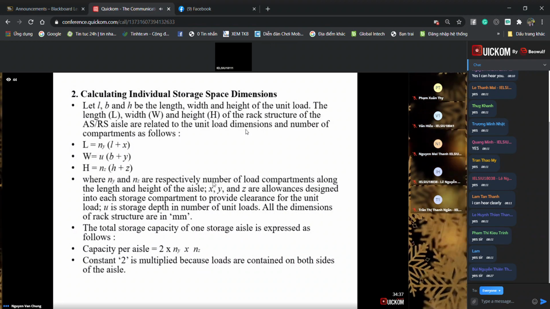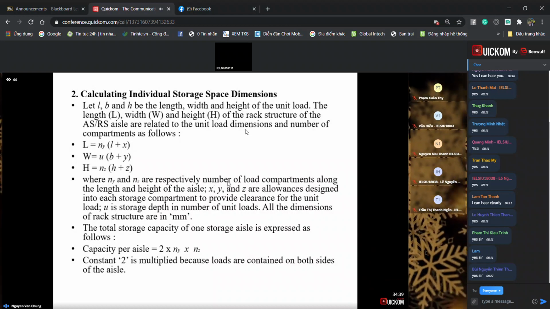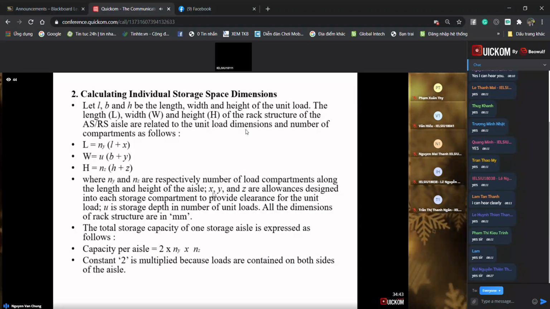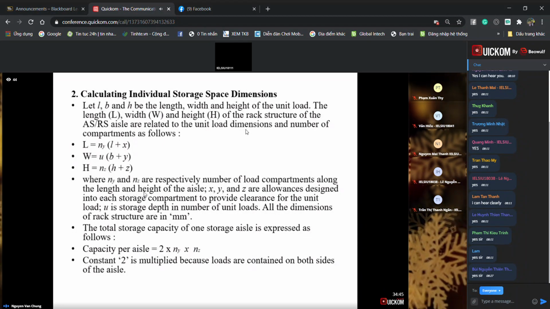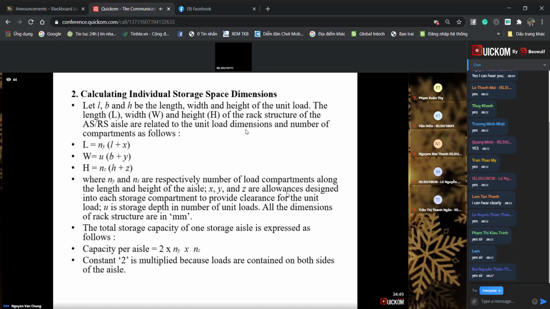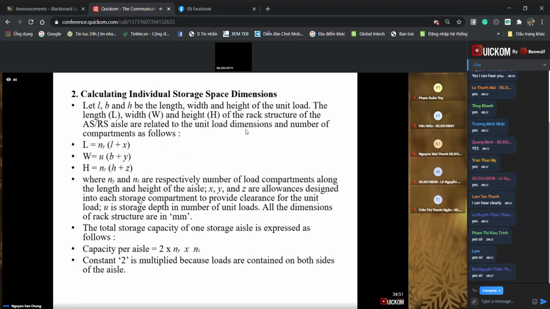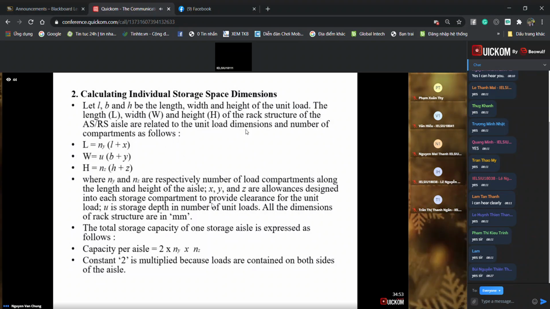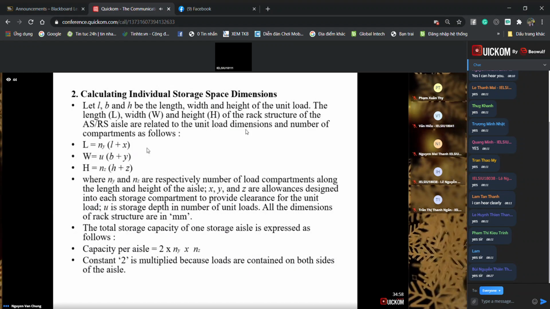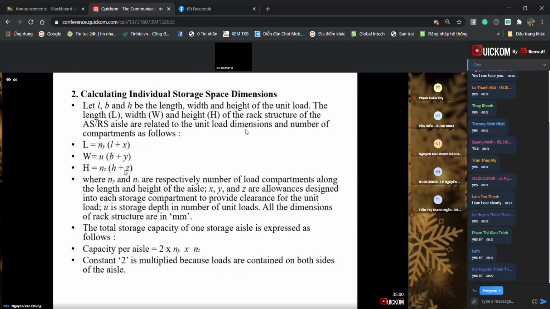So like that, this is the number of loads in the compartment, which follows the length and the height, S and Y and Z. This goes into the storage compartment to provide clearance for the unit load.